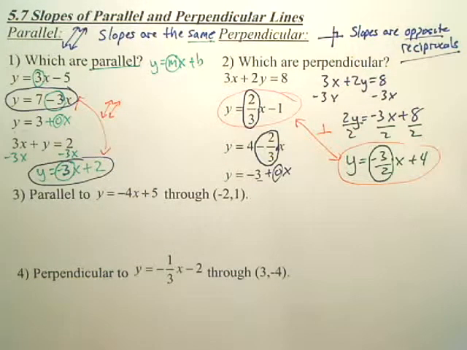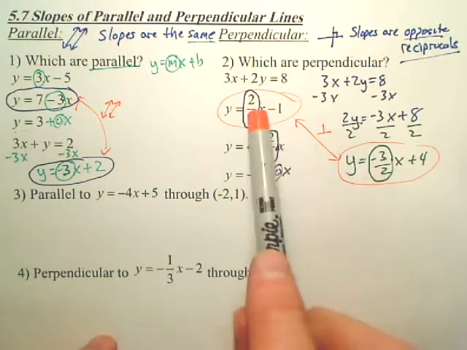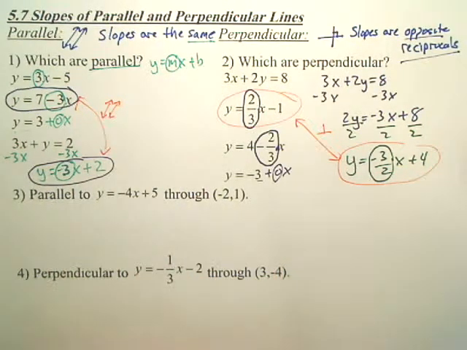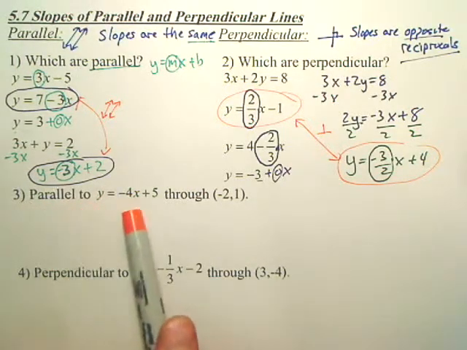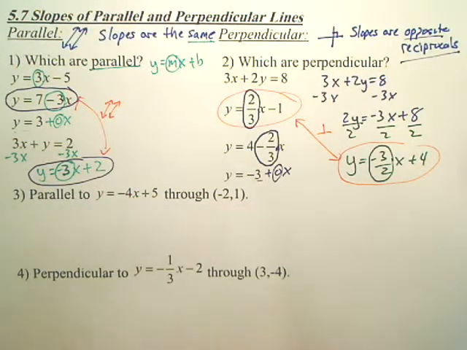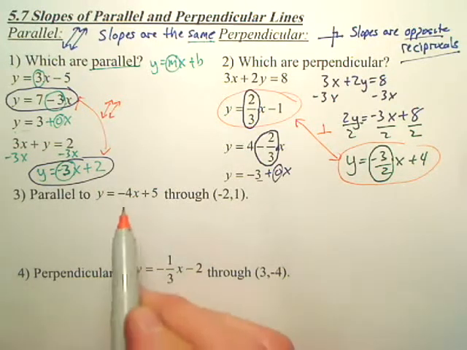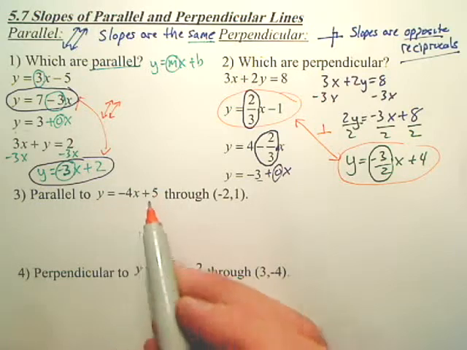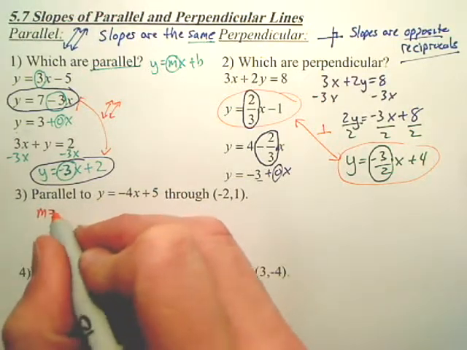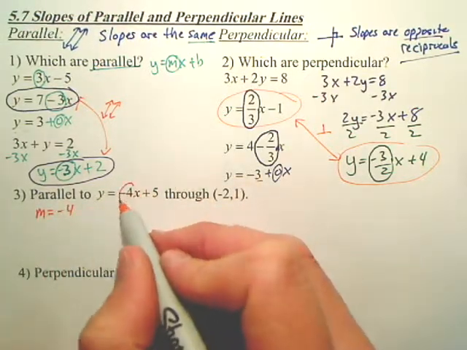Okay. Now, these two are perpendicular, these two are parallel. I want to write a parallel, I need a line parallel to this through this point. What's the slope of this line? -4. Isn't m -4? Isn't that my slope?